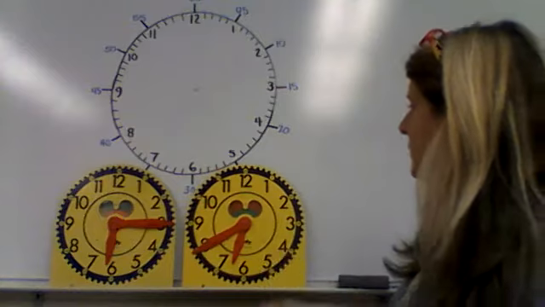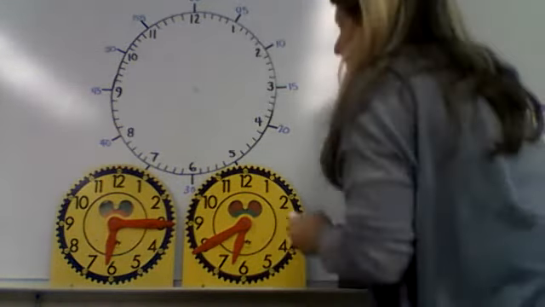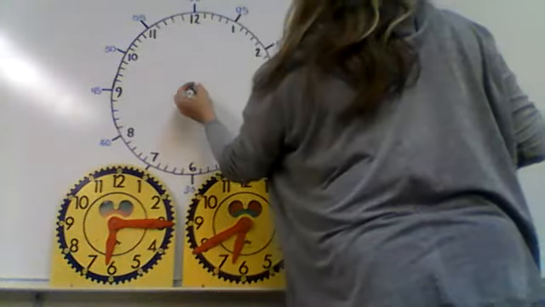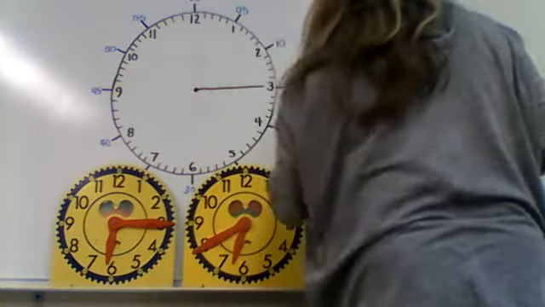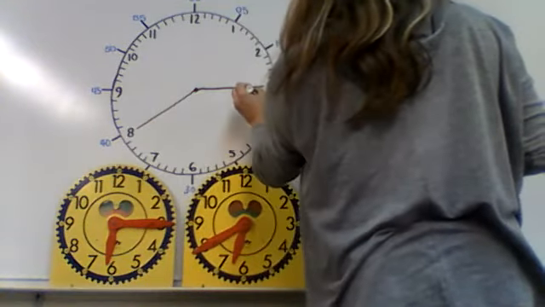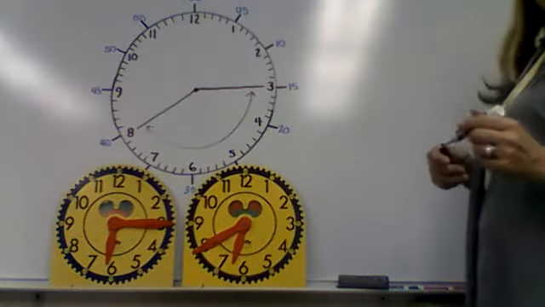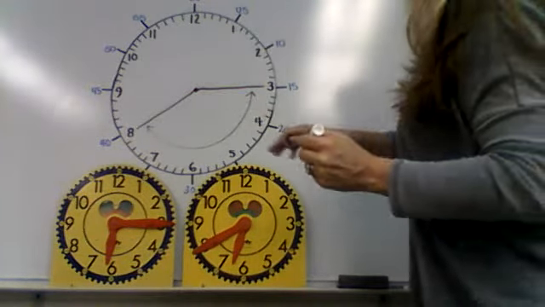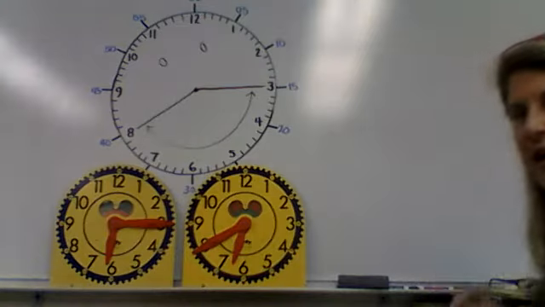Let's see. We can also look at it as the minute hand starts here and it's ending here. So we want to figure out how much time it is from there to there. Yeah, that kind of looks like a little smiley. Just need 2 eyes up here. There we go. So we need to figure out how much time that would be.